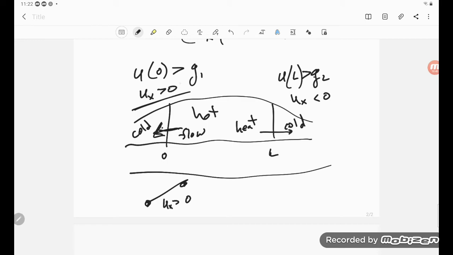So u sub x is greater than 0. That means u is higher here than here, and so its derivative should be positive. And the same thing here, the heat was higher, now it's lower. The derivative should be negative, but the flow is in the opposite direction of the derivative.